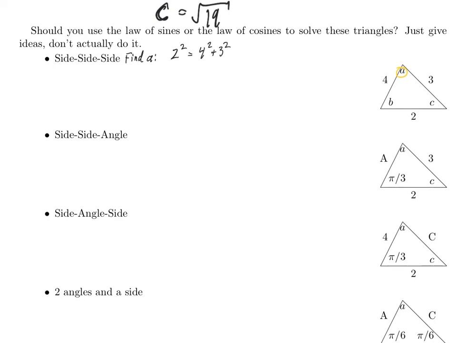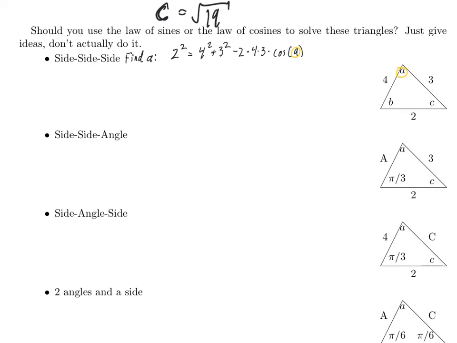That's what it would be if this were a right triangle, if A in fact were the right angle, but it's not. Instead, you get 2 squared is equal to 4 squared plus 3 squared minus 2 times the product of those two side lengths times the cosine of A. Neato. So there is exactly one unknown in that equation. It's A, which is what we want to know.